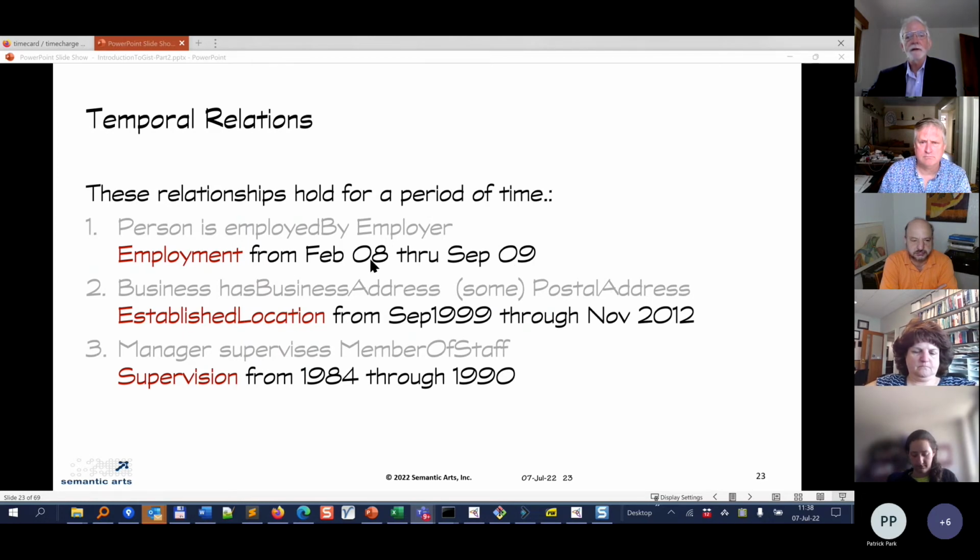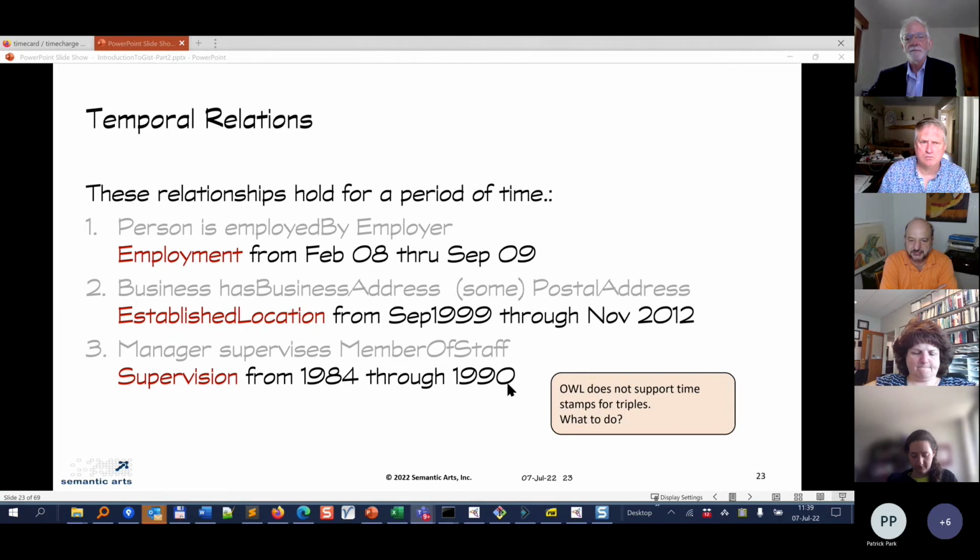An organization or business has an address, an established location from one date through another date, or maybe I was managed by someone from 1984 through 1990. These are statements of fact, but I'm not going to forever be employed by the same person. These days, people jump jobs every year or two or three sometimes. So how do you manage that?